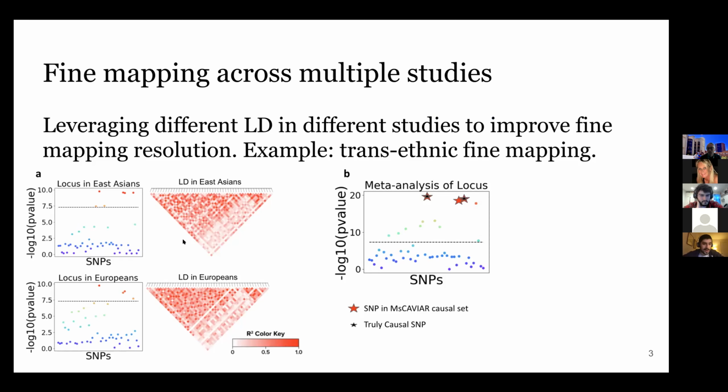One of the big advantages is that these populations have different correlation, or LD, patterns. You may have two SNPs that are very highly correlated in one population, but much less correlated in a different population. That can help you rule out a lot more potential SNPs.